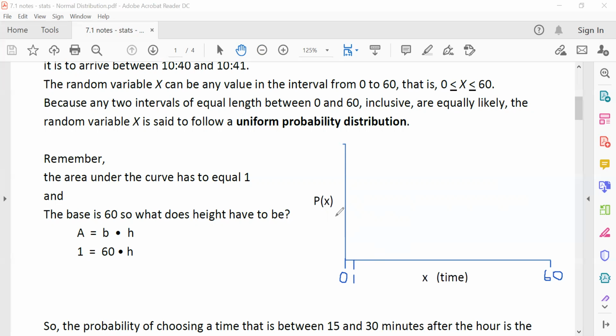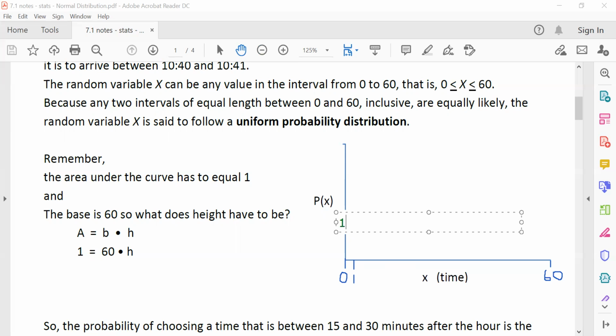So we're going to draw something called the probability function, the probability curve. And what we're going to see is that the height of the curve tells you the probability that the package will arrive in that interval. Between 0 and 1 minute, there's a 1 out of 60 chance.